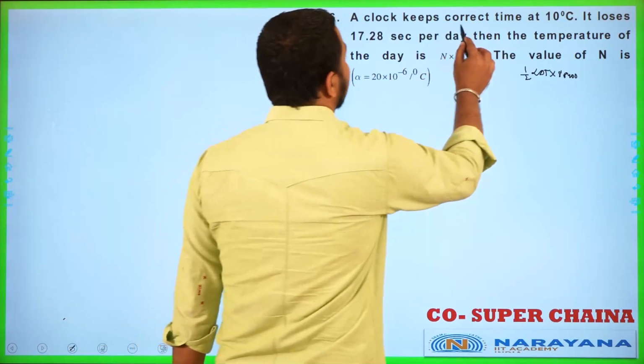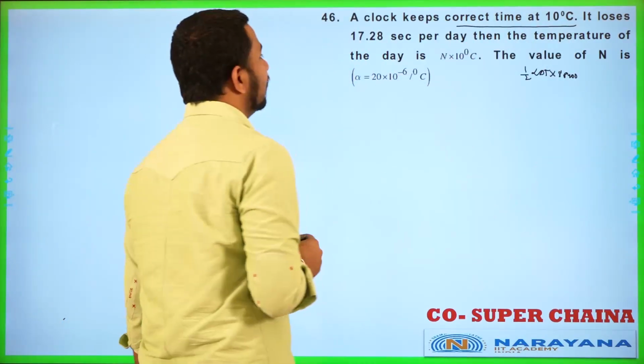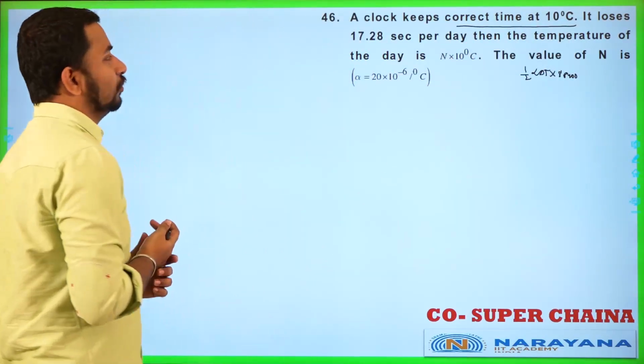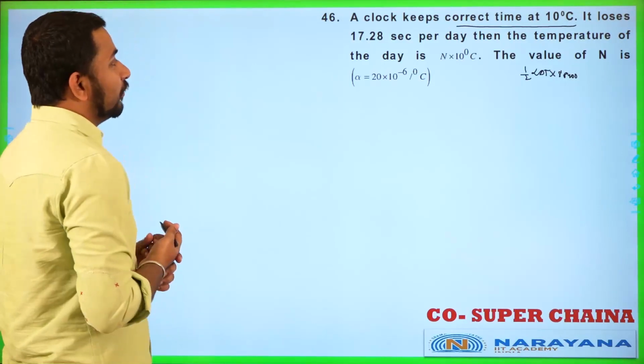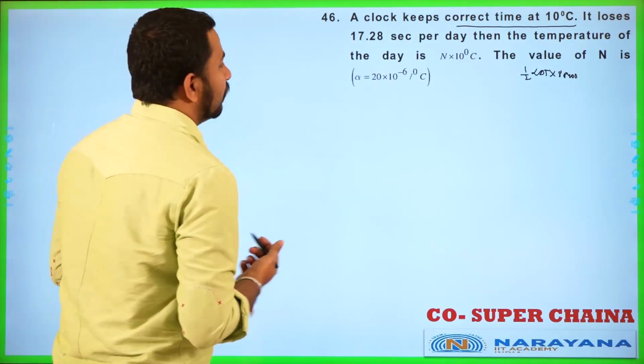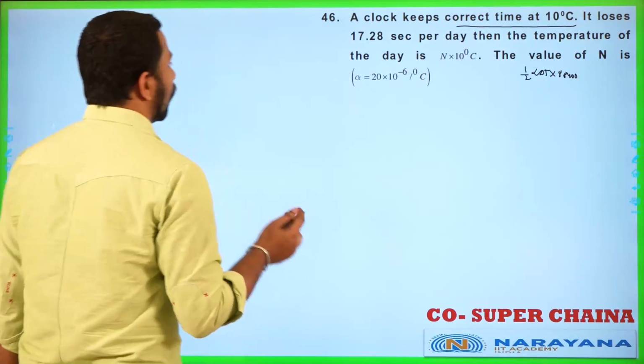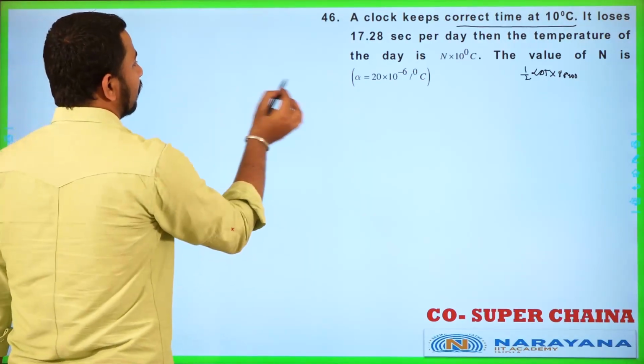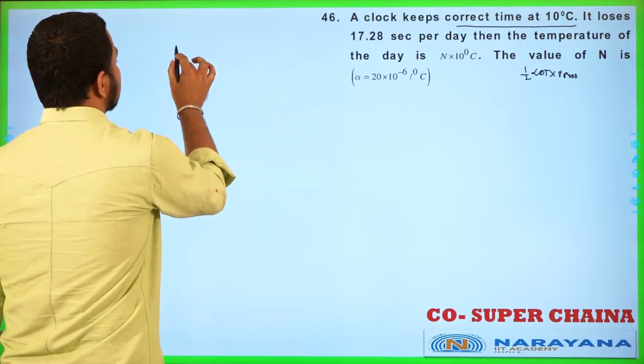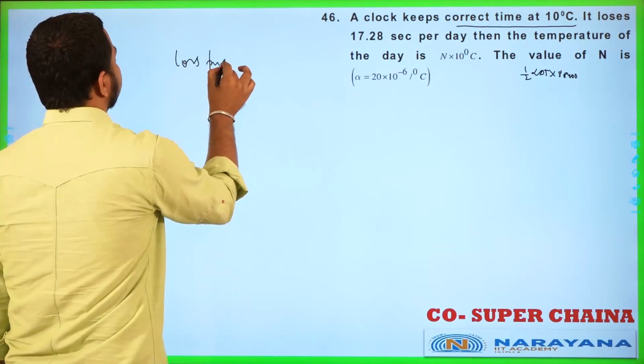A clock keeps correct time at 10 degrees. It loses 17.28 seconds per day. You have to find the temperature of the day. The loss is given, so we can find the loss per day.